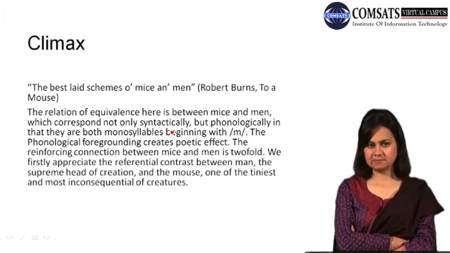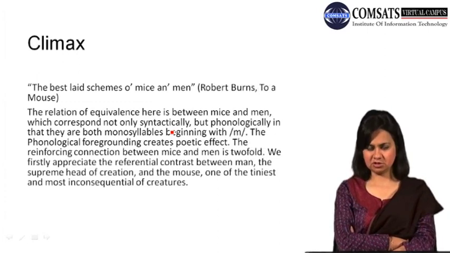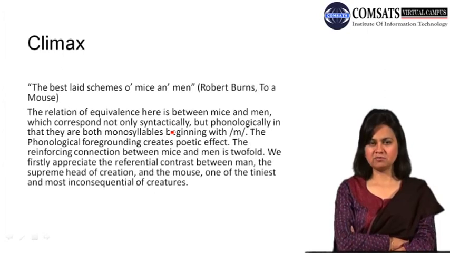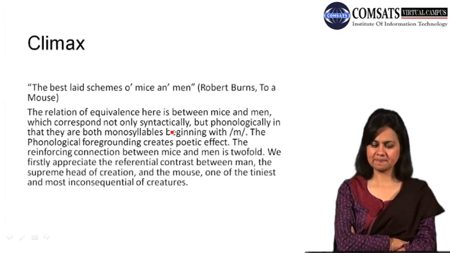This is one similarity. Now, the second similarity occurs at the level of phonology. Both start with the m sound, mice, men. So, apart from being monosyllabic, these are words which are phonologically the same. So, the phonological resemblance of the sound of m makes them equivalent.